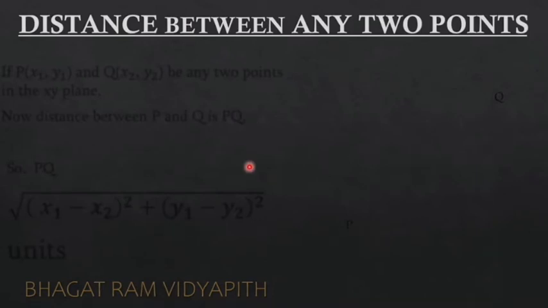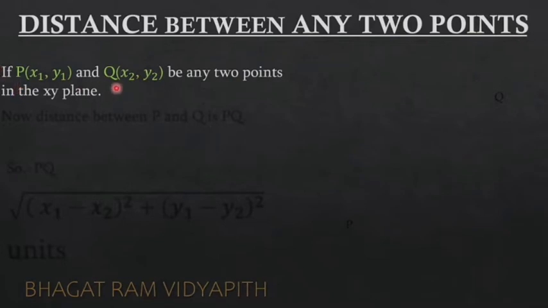Now let us get to the core content, that is the calculation of distance between any 2 points. Let P and Q be 2 points, P whose coordinates are x1 and y1 and Q whose coordinates are x2 and y2. We can follow here, the x is always put before y.